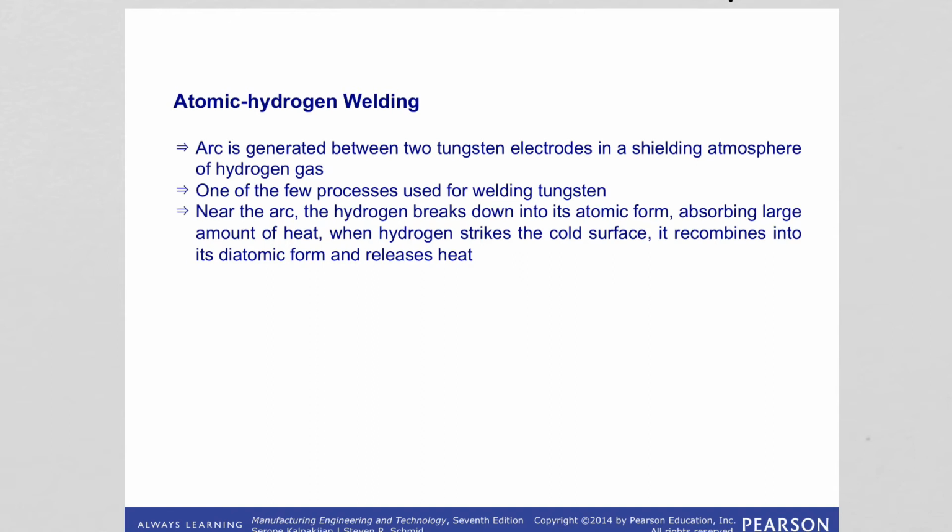Then when the gas strikes the cold surface of the workpieces to be joined, it recombines into its diatomic form, H2 again. This rapidly releases the heat, which makes the temperatures go up to 4,000 degrees C. Therefore this heat is used to join the parts. This is one of the few joining techniques that can be used for welding tungsten.